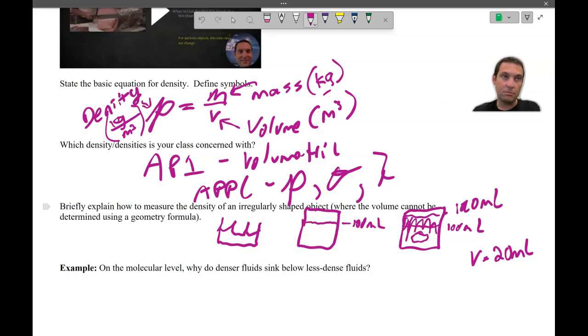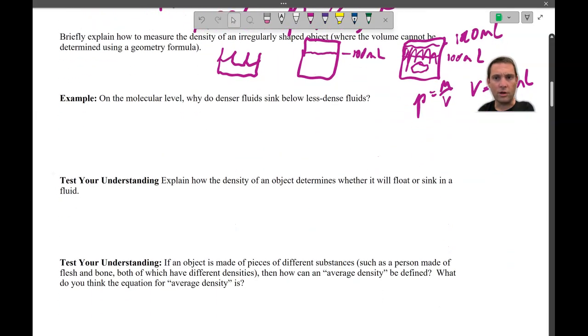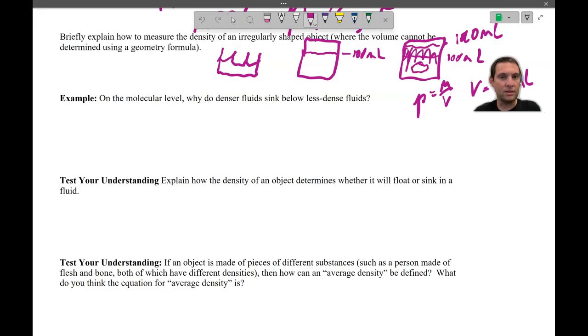If I can measure the mass of the object using a scale, then I can figure out the density using mass divided by volume, the change in water depth.